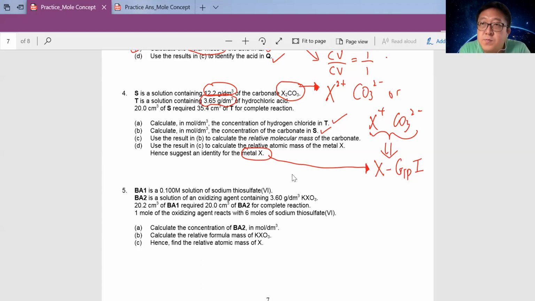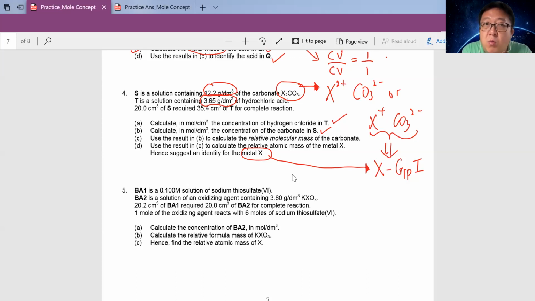Can you see why, when you see a question, you think like that? That is very important. Mentally, when I approach this question, doing all the number of moles, calculating all the concentration, which is similar to question 3, what am I doing at the end of this question? If my metal X is not from group 1, what does that tell me?